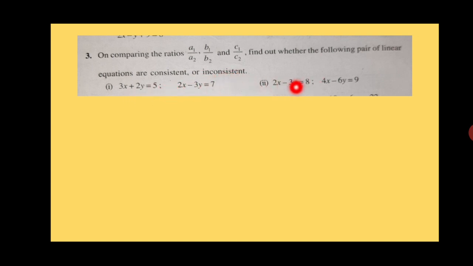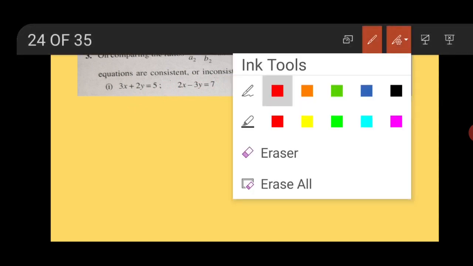Remember, now can you solve these two equations? First equation: 3x plus 2y is equal to 5 and 2x minus 3y is equal to 7. Are they in general form? No, first we have to write them in general form. That is 3x plus 2y, carrying plus 5 to the left hand side, it becomes minus 5, is equal to 0. Again here also it is not in general form.